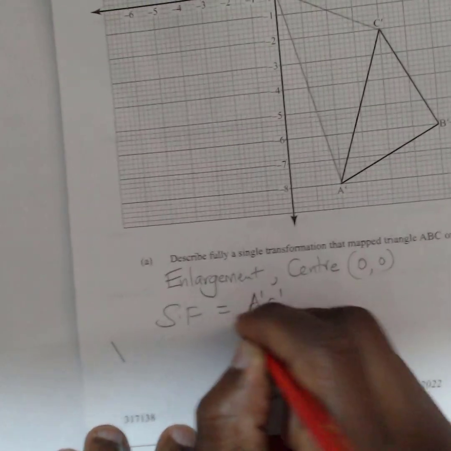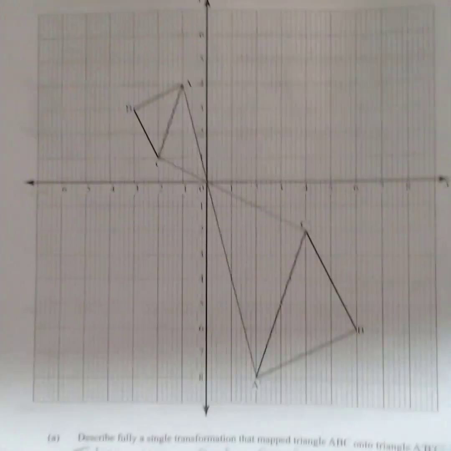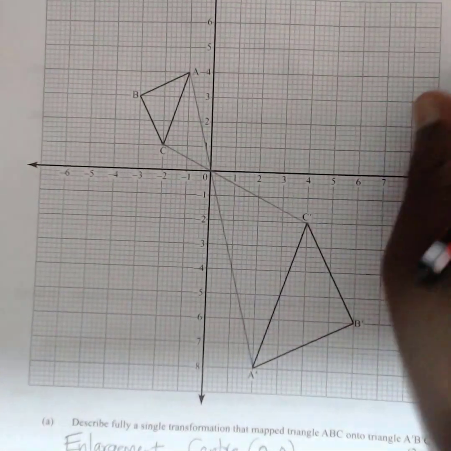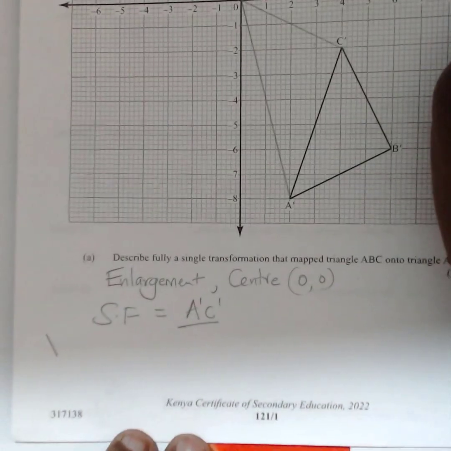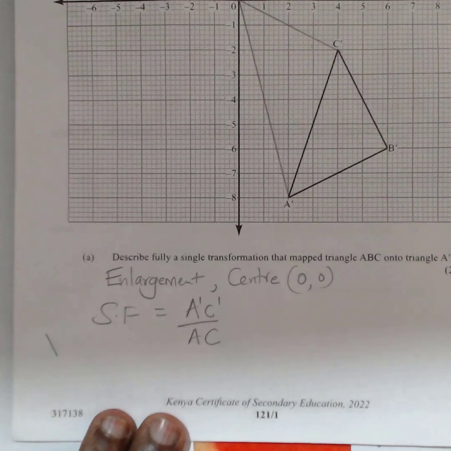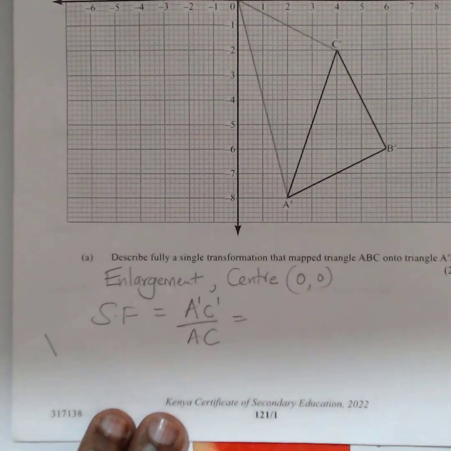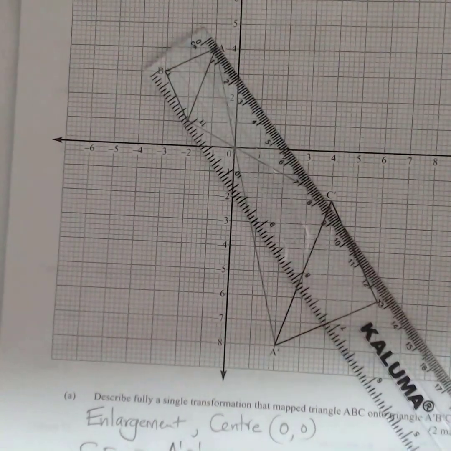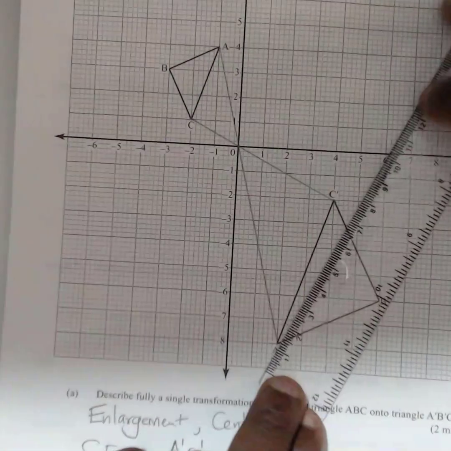Then you divide by the corresponding length on the object, AC. So this one gives you what? You just need to take the measurement using a ruler.